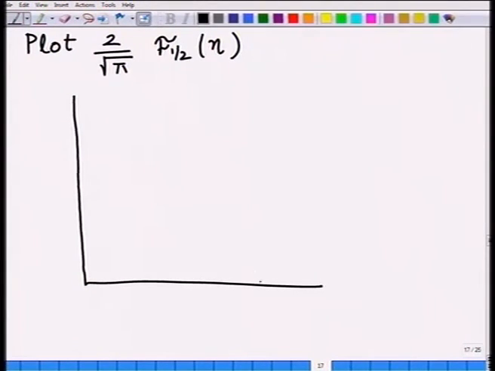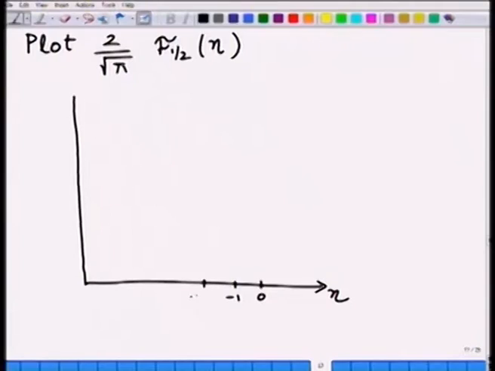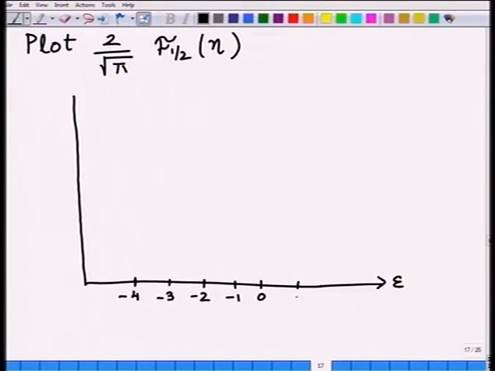Here is 0 and I am plotting eta, and here is -1, -2, -3, -4, etc., and there is 1, 2, 3, etc., and on the log scale, 10 to the power -2, 10 to the power -1, 10 to the power 0, and 10 to the power 1.